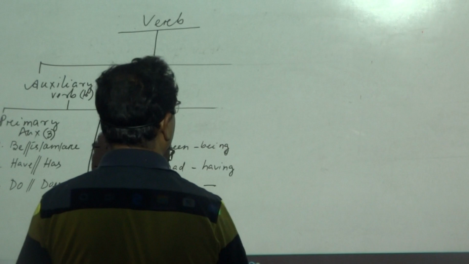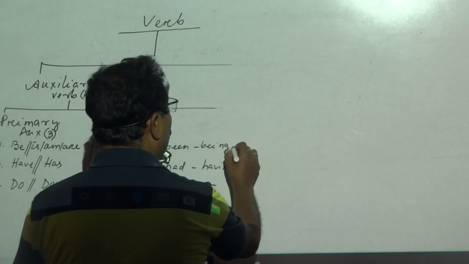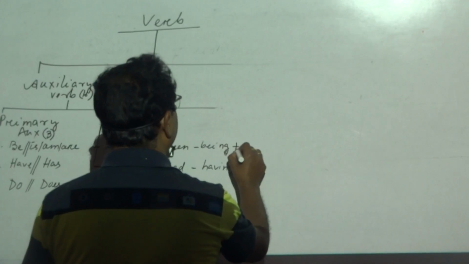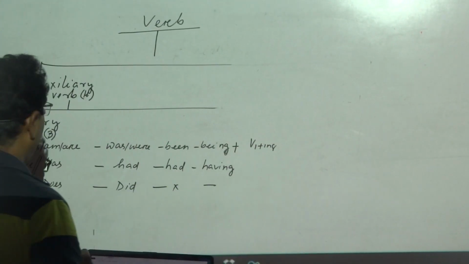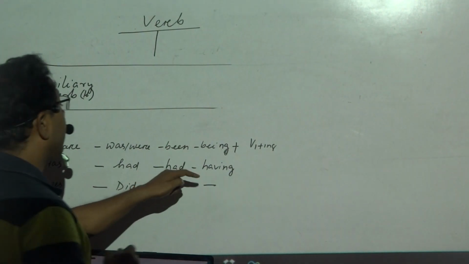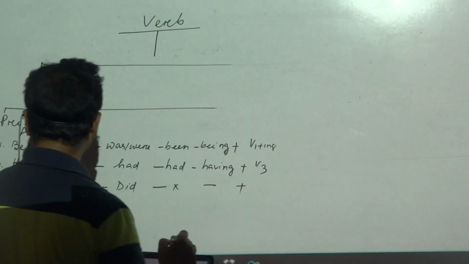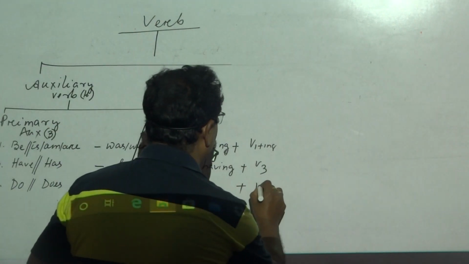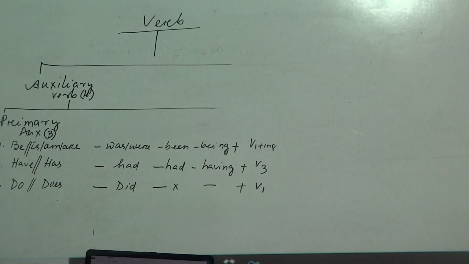A main verb. And you know, main verb has four forms, and after be it takes V1 plus ing. Have verb: have, has, had, having, it takes V3. And do, does, did, it takes V1. In this way, primary auxiliaries take main verb.